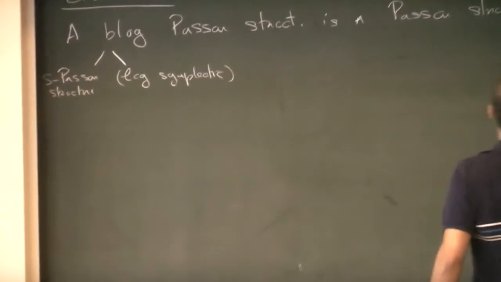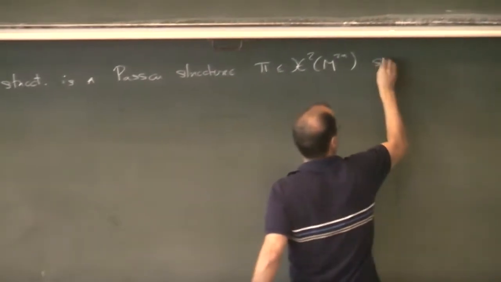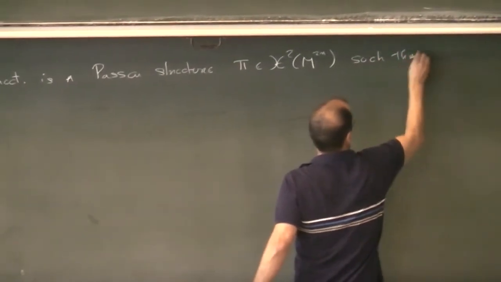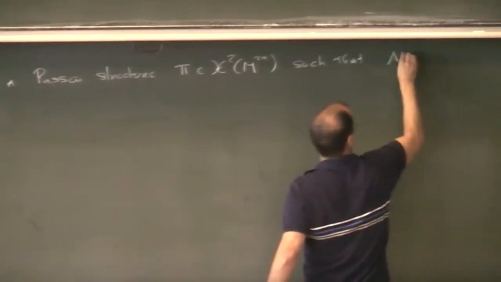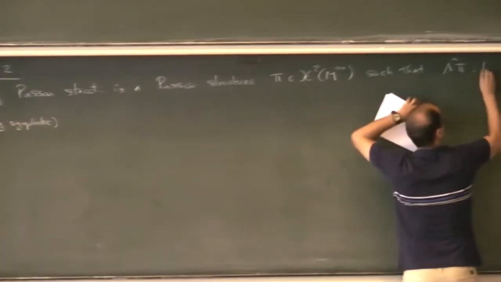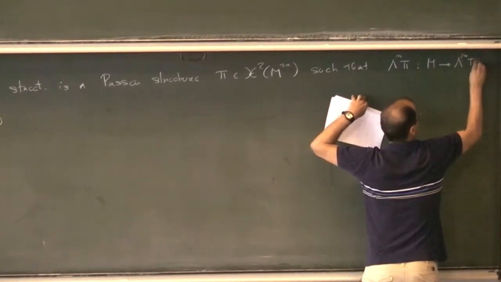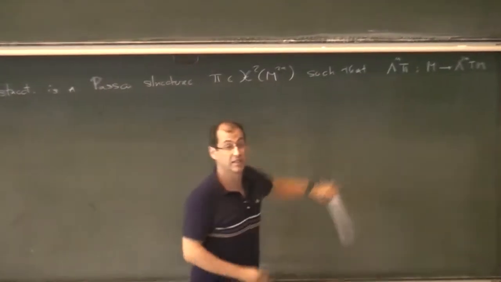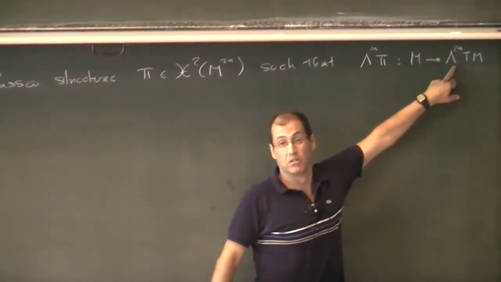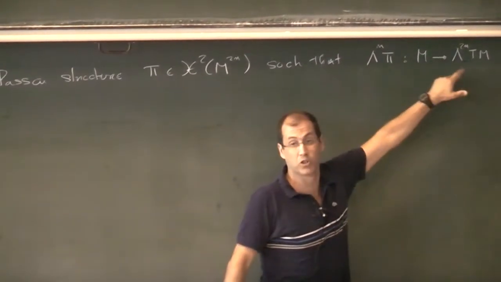Okay, so this is a Poisson structure pi on an even dimensional manifold such that when you take the top power of your bivector, that's going to be a section, a map from M to the top power of TM. Okay, this is a line bundle. Right? It has a zero section. So I'm going to require this map to be transverse to the zero section.